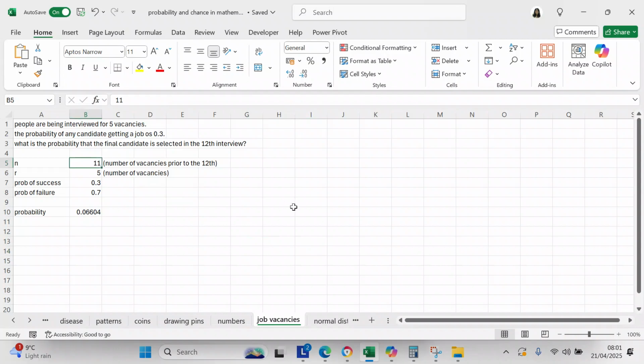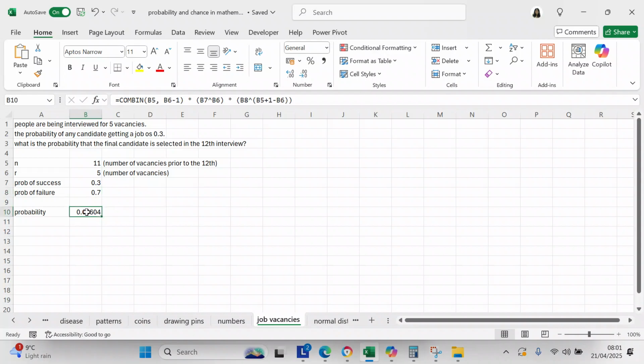So you have N, which is the number of interviews prior to the 12th, is 11. You have R is 5, that's your number of vacancies. You have your probability of success is 0.3, and probability of failure is 1 minus 0.3, which is 0.7.